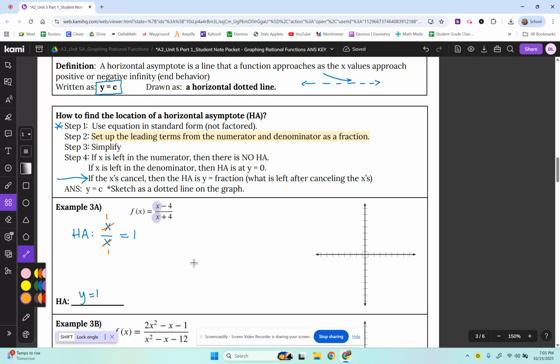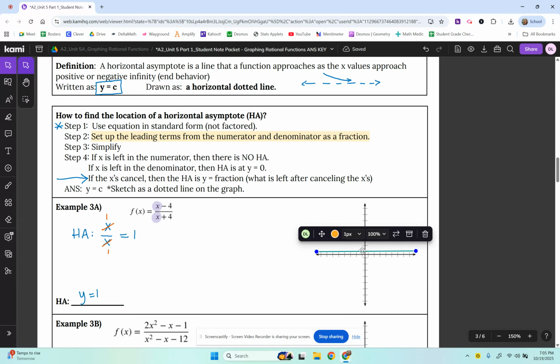Then, just like before, we would go over to our graph, find where y equals 1, and draw that horizontal dotted line. If you want to make your lines dotted, you can hover over it, click on the line option, and choose dash, and it will make it a dotted line for you.